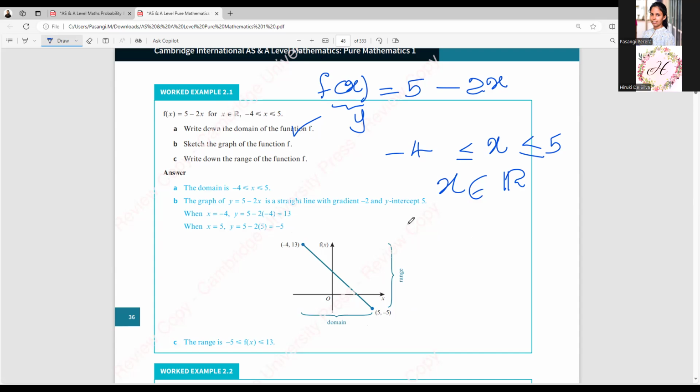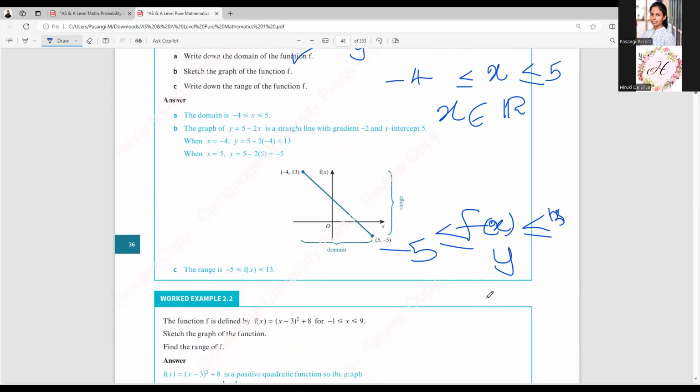So the y values, or the codomain, can be defined as f(x) between -5 and 13. It can be those two values as well, because we have the equal marks. When x equals -4, we get the y value as 13. We can replace f(x) with y as well.